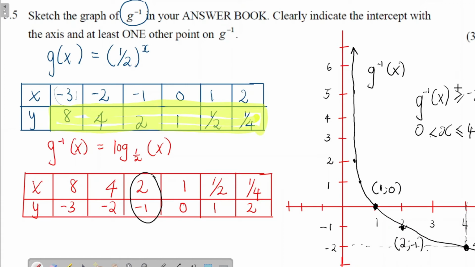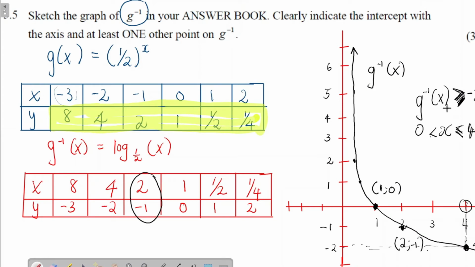So for this function, what are the x values that we need to use to get y values that are greater than and equal to -2? We see that when your x is equal to 4, your y is equal to -2. So definitely when your x is less than and equal to 4.